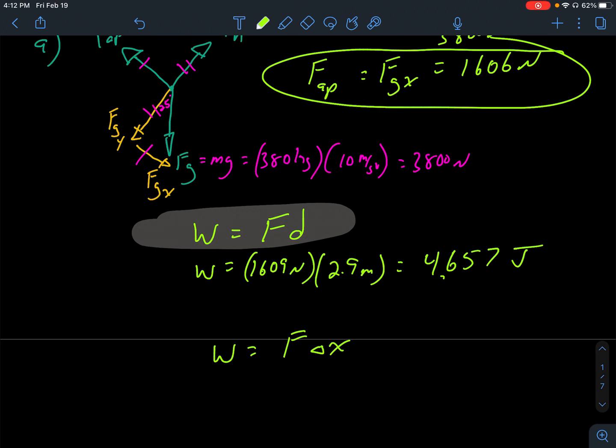Because if they're both going in the same direction, why call them negative? However, if the displacement is in the opposite direction than the force, that's going to be called negative work.